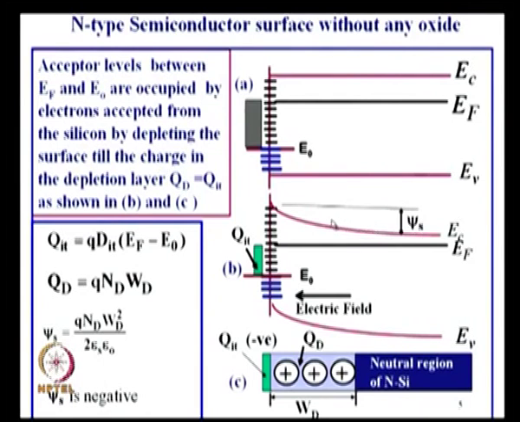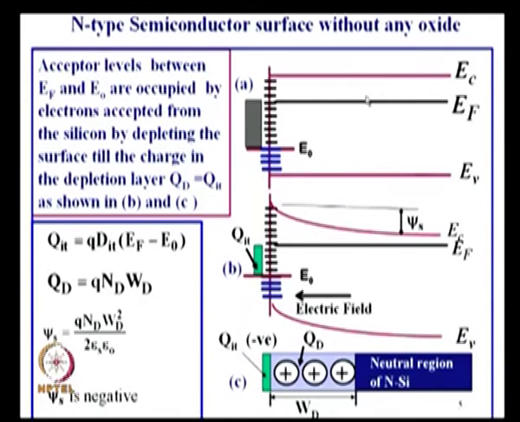I mentioned that the energy band diagram will bend. What will be the state of affairs for the Fermi level? Fermi level here was decided by the donor's concentration in the bulk. Okay. So, in this region where it is neutral, the energy between the conduction band and the Fermi level remains the same as before. It does not change. But as you move to the surface, because it is depleted, it becomes less n type.